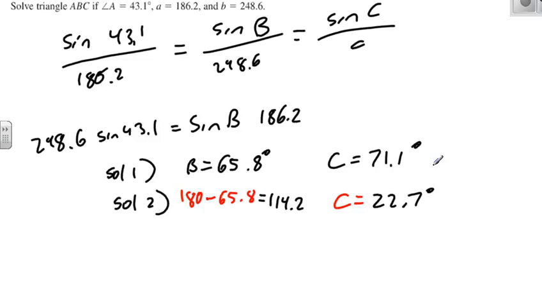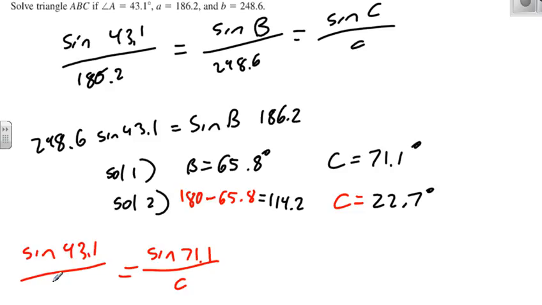So let's first go with solution 1. Sine of 71.1 over C equals sine of 43.1 over 186.2. And I'll set up the other one as well.